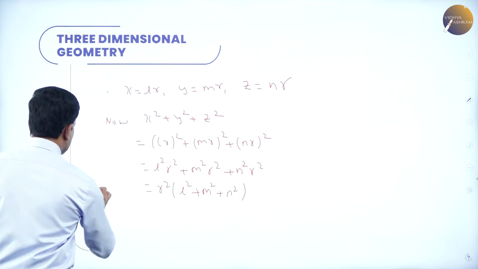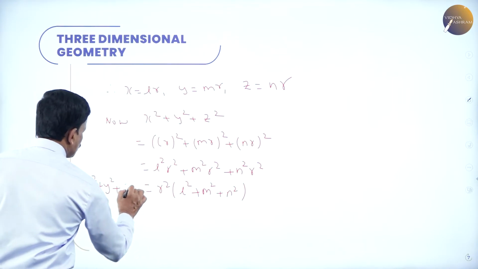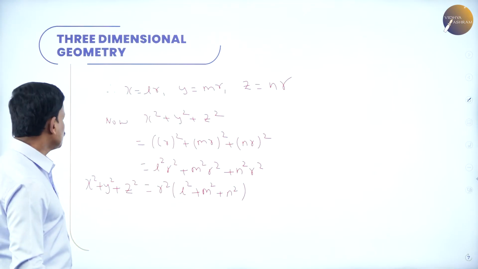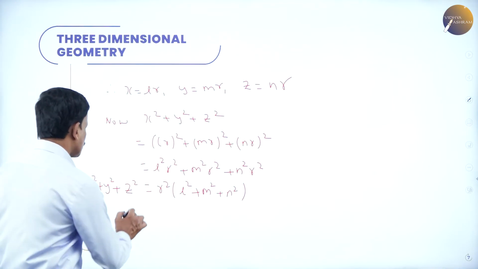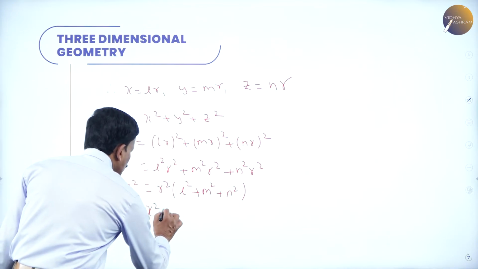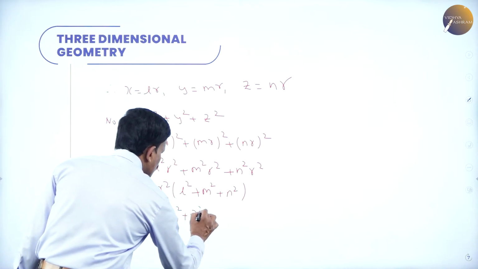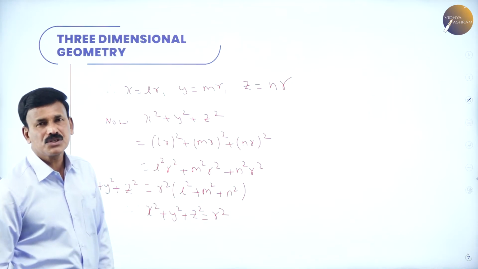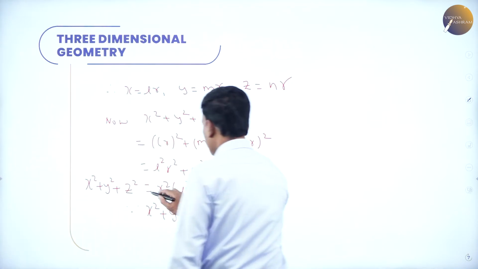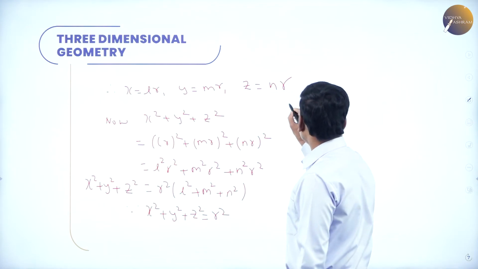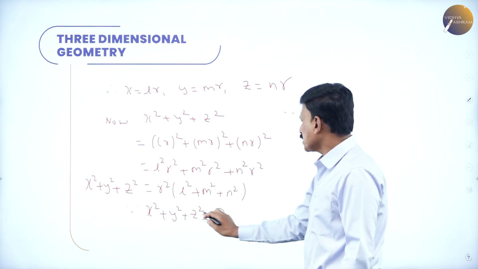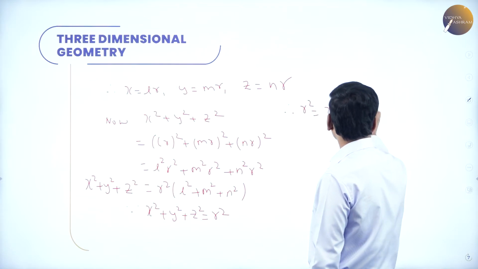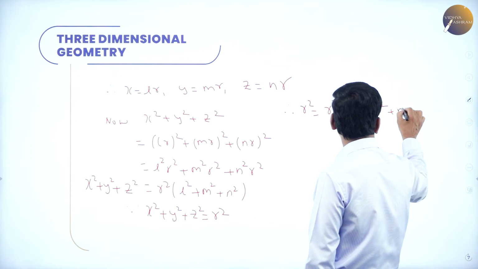Since we know x square plus y square plus z square is always equal to r square, r square is equal to r square into l square plus m square plus n square.